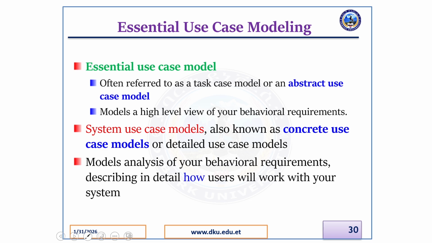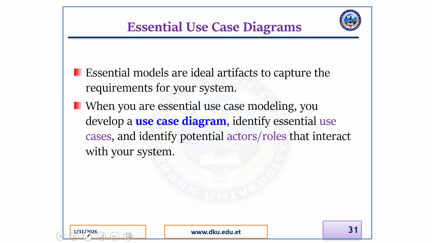But system use case models, also known as concrete use case models or detailed use case models, are rather than abstraction. They model analysis of your behavioral requirements, describing in detail how users will work with your system. So essential models are ideal artifacts to capture the requirements for your system.